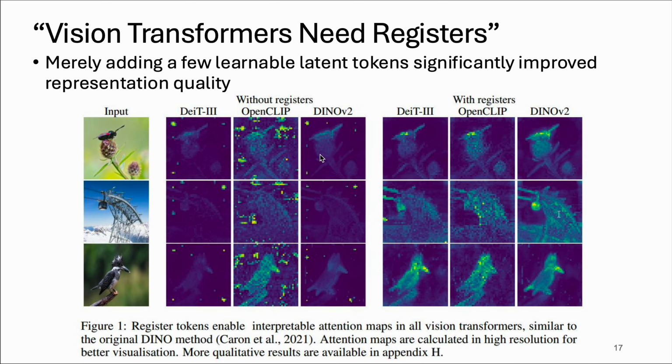So basically, this was observed: merely adding a few learnable latent tokens significantly improves representation quality. That is why register tokens were introduced.